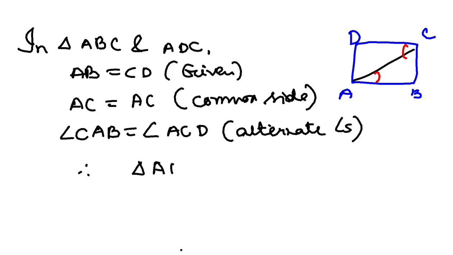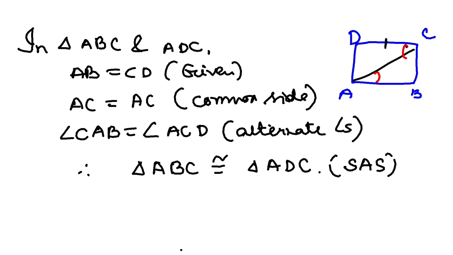So triangle ABC is congruent to triangle ADC by side angle side postulate, side angle side. Okay, so if these two triangles are congruent, then obviously I can write that angle DAC is equal to angle ACB, CPCT.